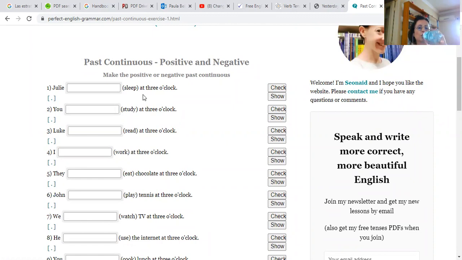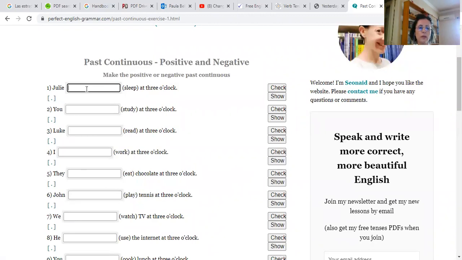So here we have to write. So what are we going to write? Is he sleeping? No. Julie, it's the same. Julie, is he sleeping? No, past. The same.